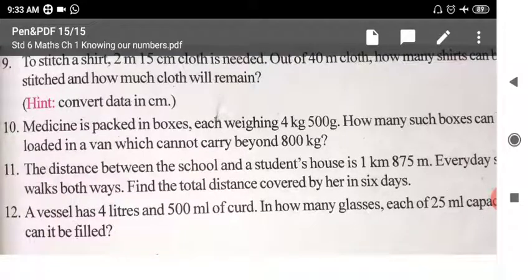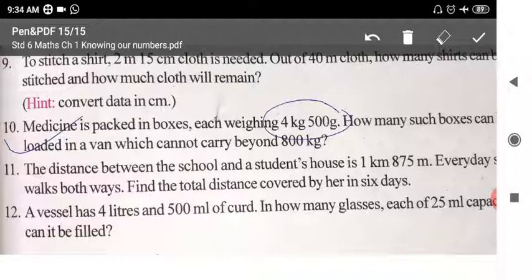The 10th and 11th are just like what we have done. It is the same as above, what we have calculated. Here also you can see the number is given, 4 kg and 500, and it is of weight. What is the question?